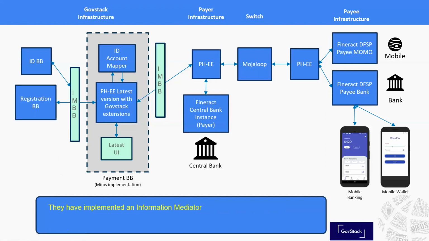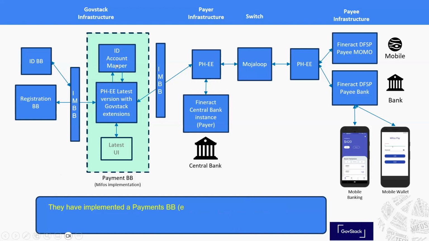and been given registration. The government would have implemented an information mediator. These act as the gateways. They ensure which information is traveling between each of the building blocks, for example, X-Road.